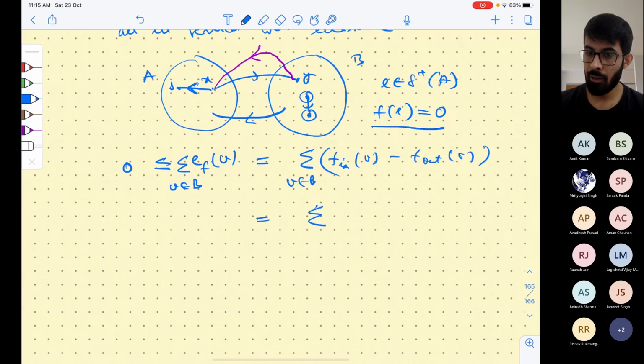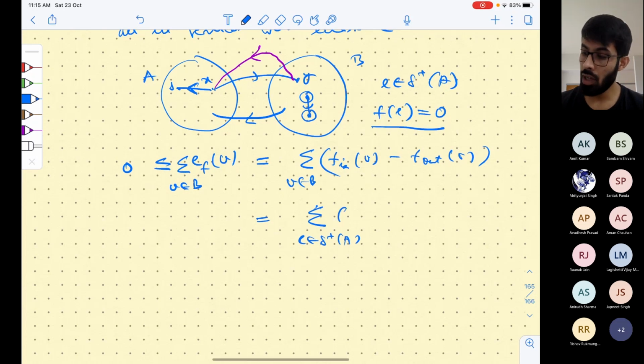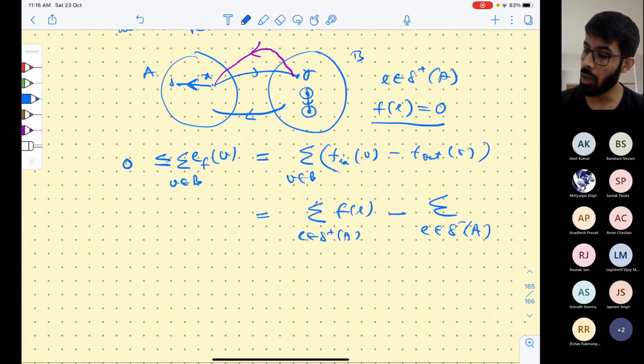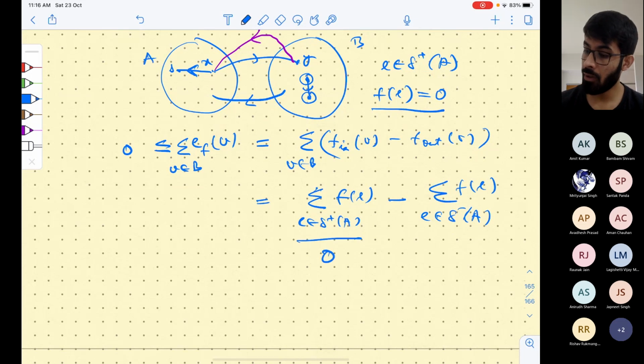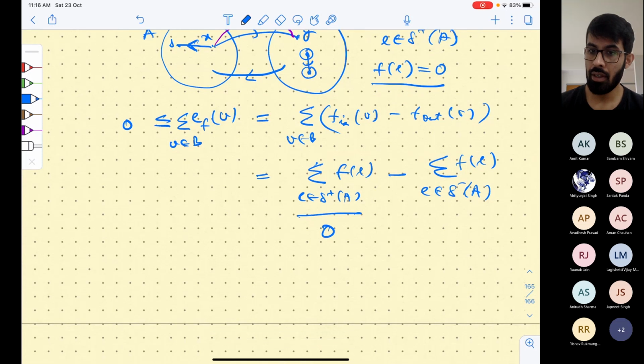What you'll get is the sum over E belongs to delta plus A, the ones going out, F of E, because they will be F in for some vertex, minus the summation over E belongs to delta minus A, the ones which are coming out of B, F of E, right? And this we know now is 0, right?